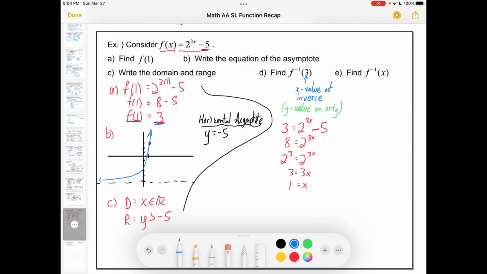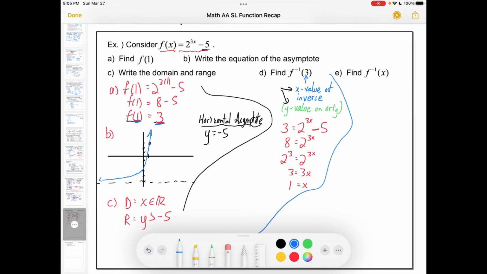It said when y is 3, x is 1. So there are some little hacks we can use here. But if we don't notice them, then we can just trust our mechanics or do part E and come back for part D. This little hack, though, that when they tell you the x value on the inverse, they're telling you the y value on the original, or vice versa, could be pretty helpful.